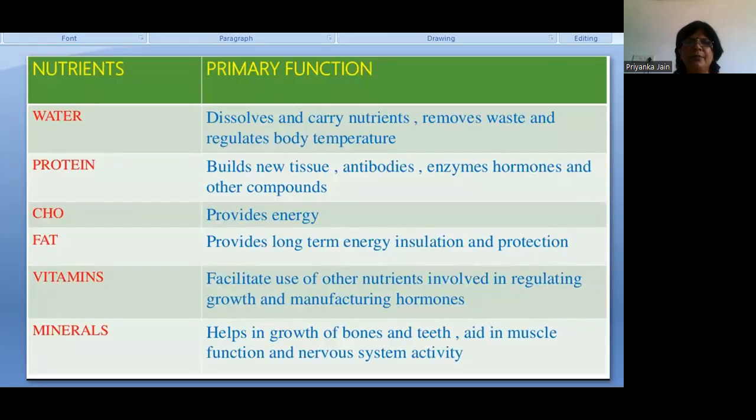Cholesterol has a very important role. It provides energy. Fat provides long-term energy, insulation, and protection. Vitamins facilitate use of other nutrients involved in regulating growth and manufacturing. And minerals help in growth of bones and teeth, and aid in muscle functions and the nervous system.